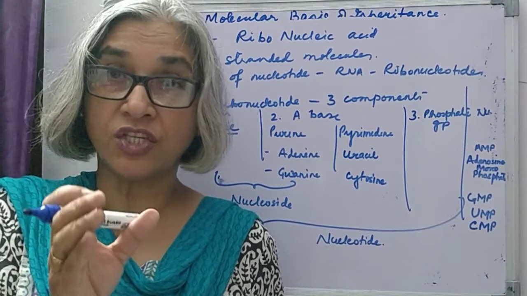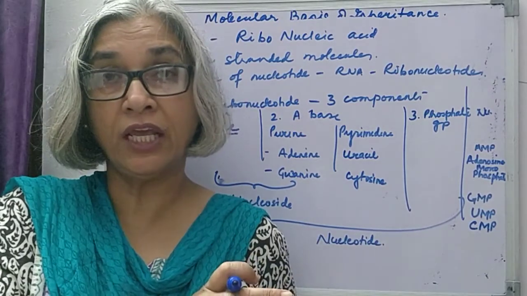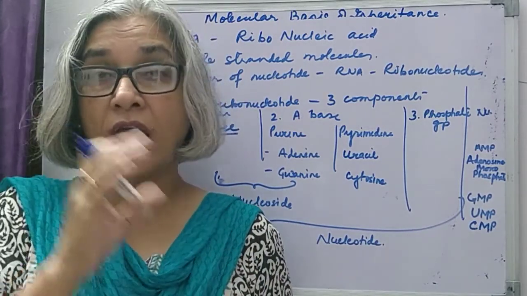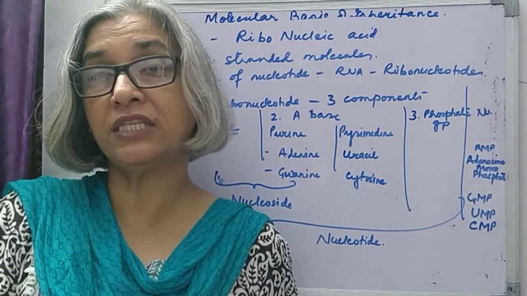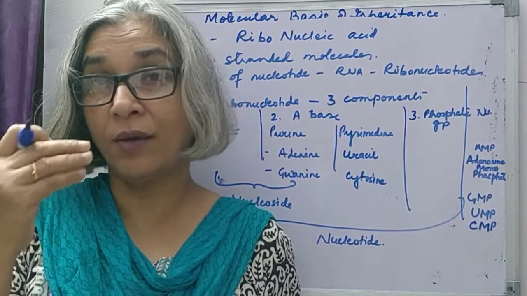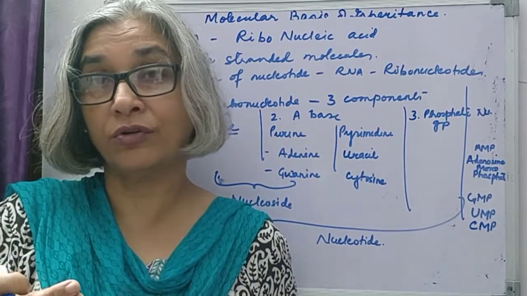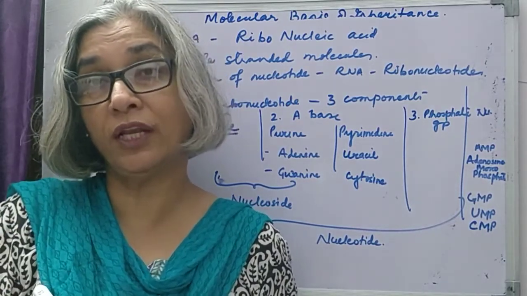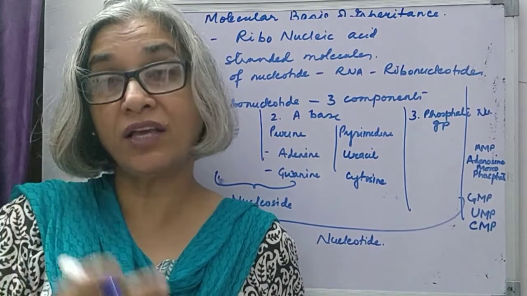The process of messenger RNA formation from DNA is called transcription, and protein synthesis from messenger RNA is called translation. And the amino acids that are brought for synthesis of protein are carried by transfer RNA.